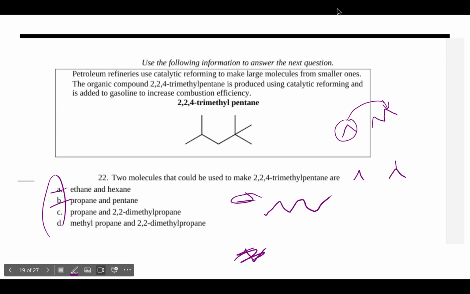And if it's dimethyl, you would have that. We are getting somewhere here. We can take this end and attach it here, but we are missing this last part. So let's try the last one, methyl propane, which would look like that. And with that same structure, if we push this together and connect, we now see what we need. So it looks like the answer is D.